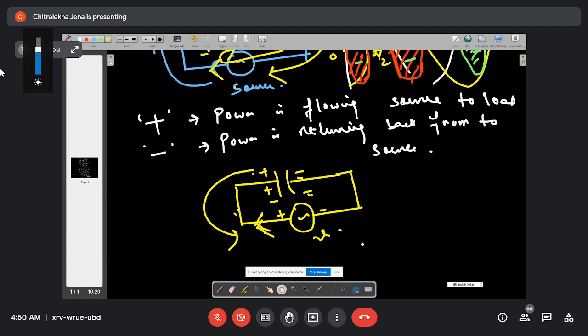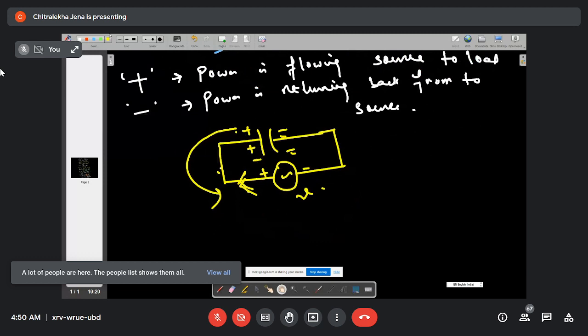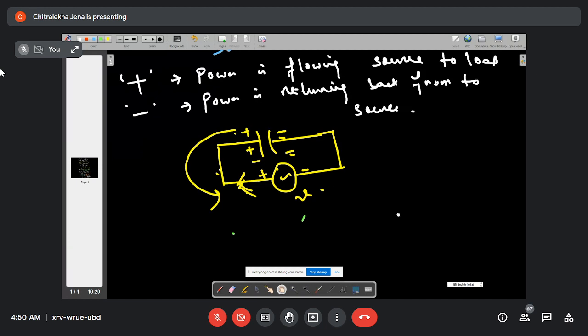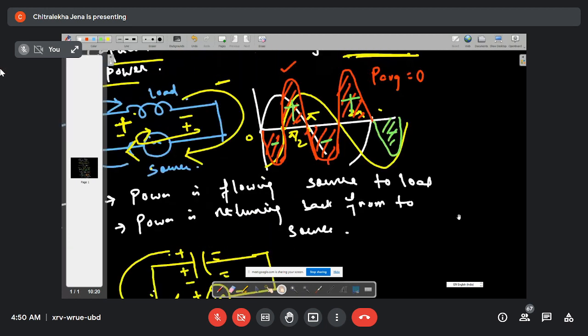I will explain once again. So here, positive and negative means whatever power the source is giving to the load in one quarter cycle. In one cycle, how many quarters are there? Four quarters: 1, 2, 3, 4.